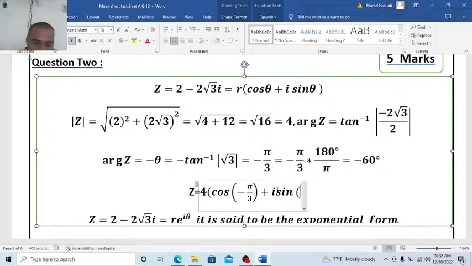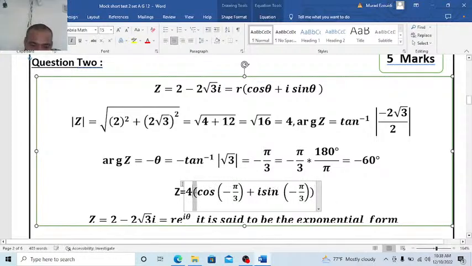Then close it two times, because this parenthesis is the main bracket. Don't forget about this one.